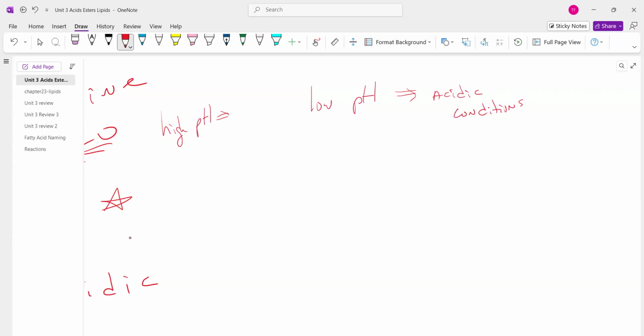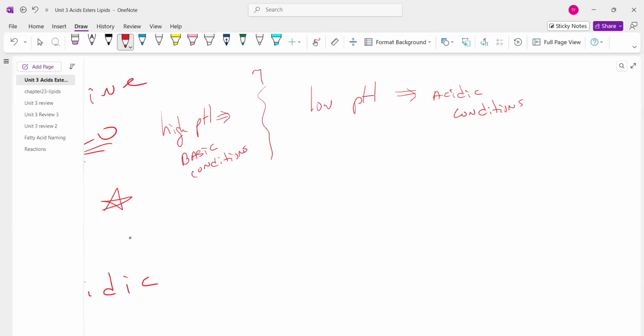High pH is basic conditions. And in between is pH of 7. So with acids, even at pH 7, we get dissociation of a hydrogen ion.